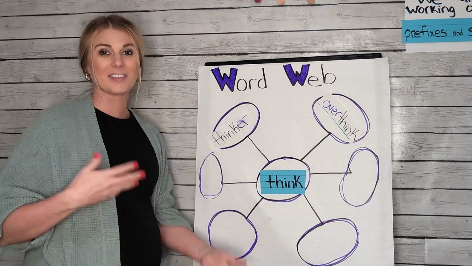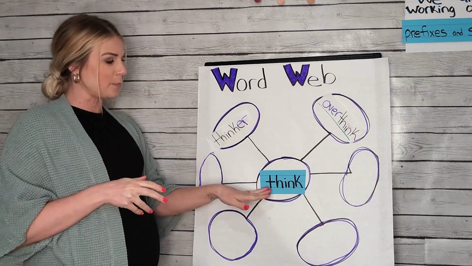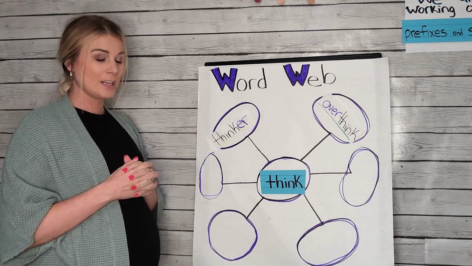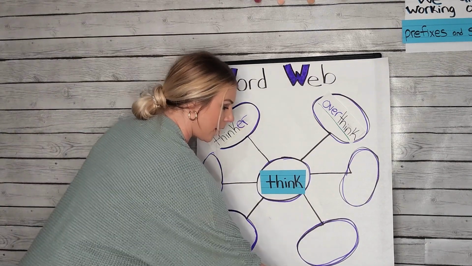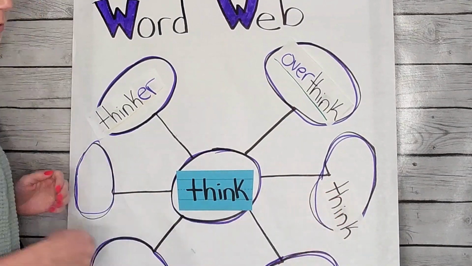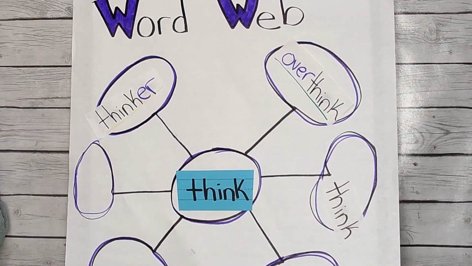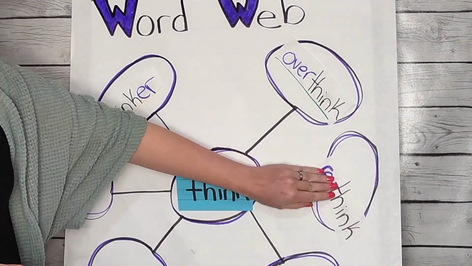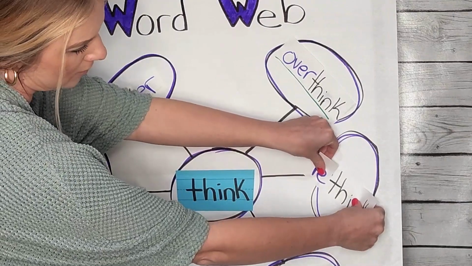All right, readers, let's see what other words we can build with our base word think by adding some more prefixes and suffixes. I'm going to put our base word think back up. What happens this time when we add our prefix re? Rethink.